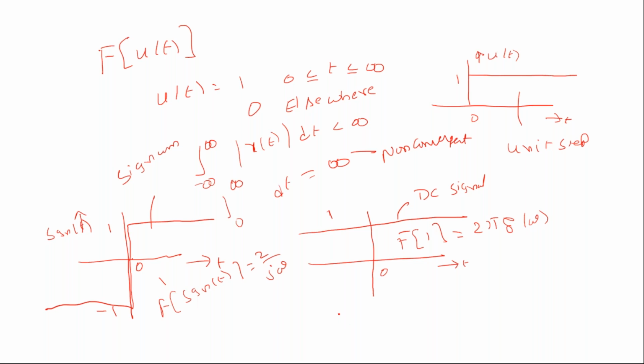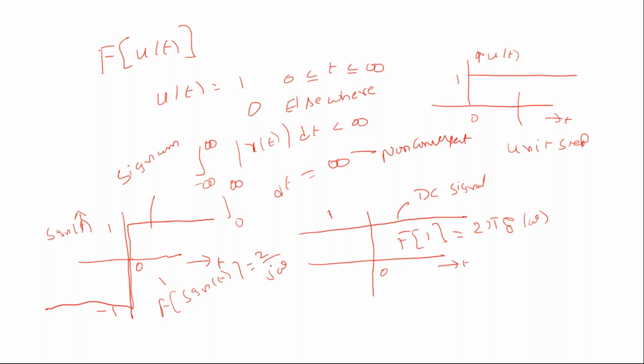Is it possible? Now please see this. I'm going to write the relation for the signum function in terms of the unit step function and this one. I can write the relation between these two. Please see this relation and check it.